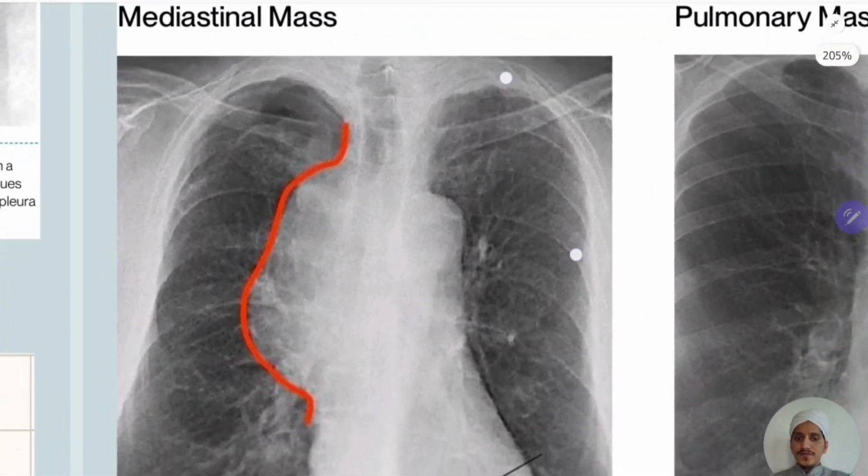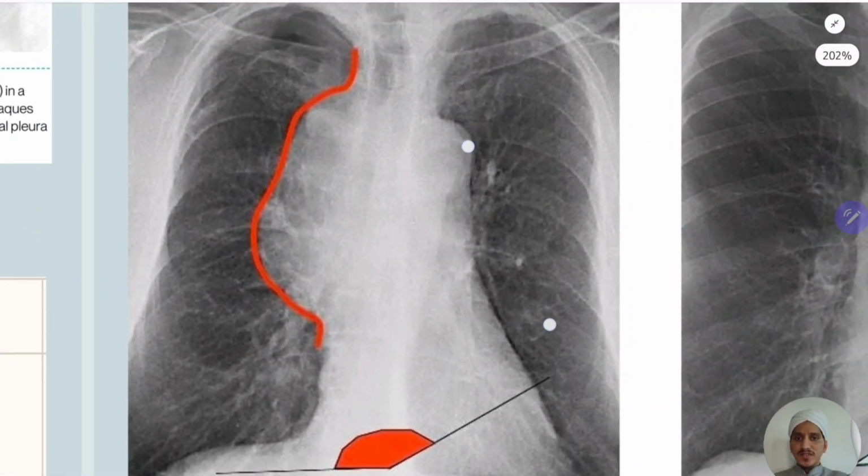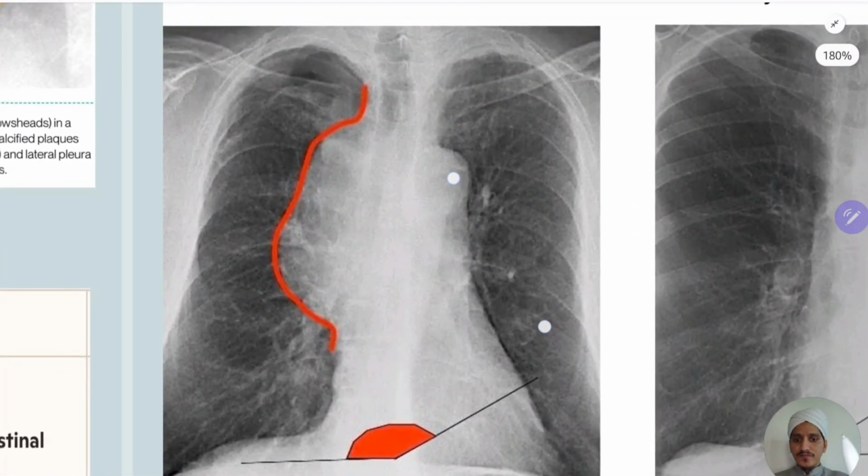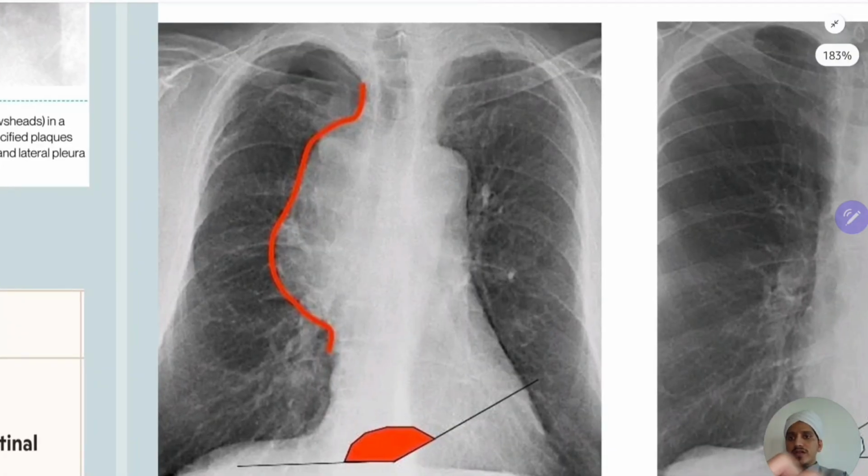Now you see this mass. Angle over angle, you see the angle here also, and here also, it is obtuse. That means it is not a pulmonary mass, it is a mediastinal mass. Here also you see this aortic pulmonary window is obscured, and I think it is the same picture.